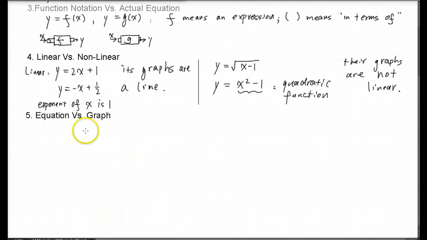Finally, I just want to briefly talk about equation versus graph. There's not much to say: the graph is just a visual representation of an equation. If you're given a function, for example y equals x squared minus 1, to graph it, the general idea is to create a table.